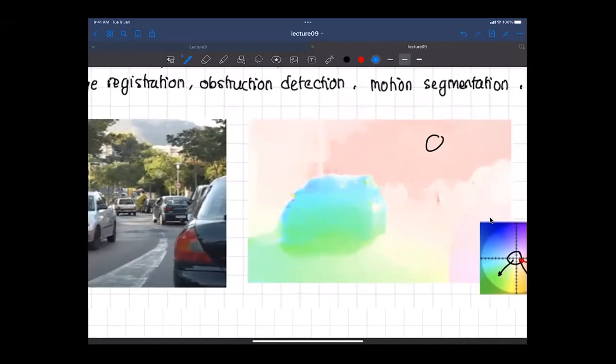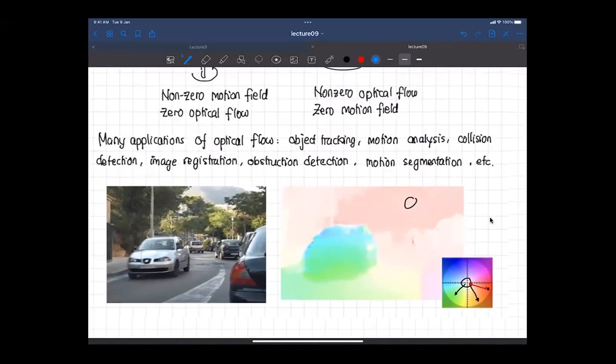And this is something that we actually want. Most applications want to have dense optical flow. Well, depending on the application, of course, but many applications need this dense optical flow. And Kanade cannot give you dense optical flow. It can, but it has many different further algorithms to do this.